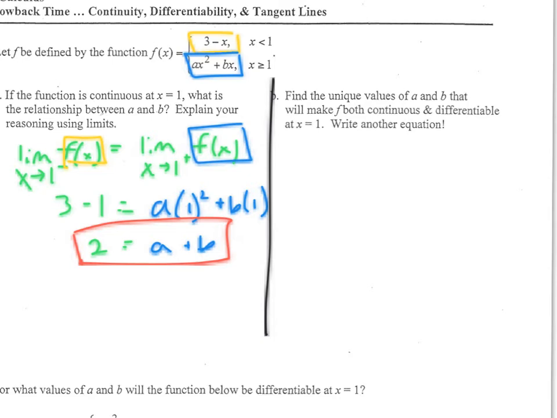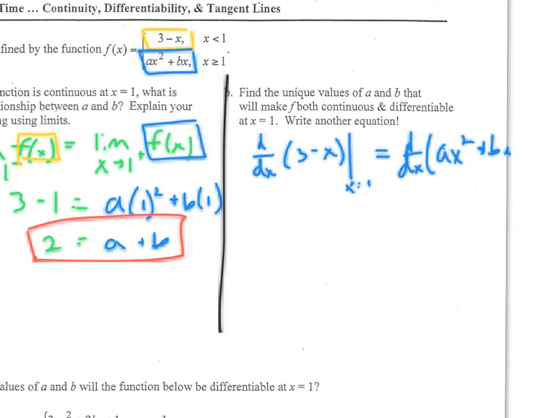On the left-hand side, I'm going to end up with the derivative of my 3 minus x function at x equals 1, so we can go ahead and put that down there, which must be equal to the derivative of my other function, ax squared plus bx.